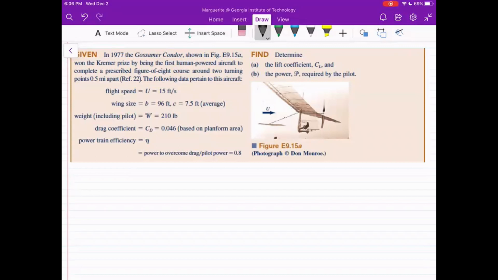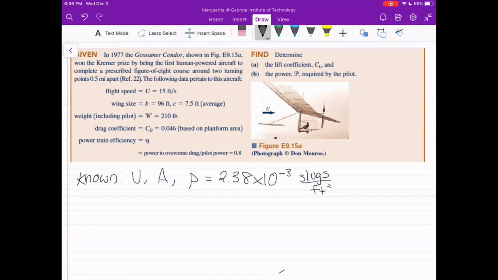I'm going to start this problem by writing down the knowns. They give us the flight speed. We can calculate the area from what they've given us. And we're going to assume that the density of our fluid is just air, so we're going to use 2.38 times 10 to the negative 3 slugs per foot cubed.